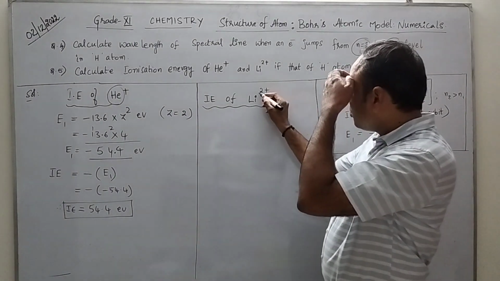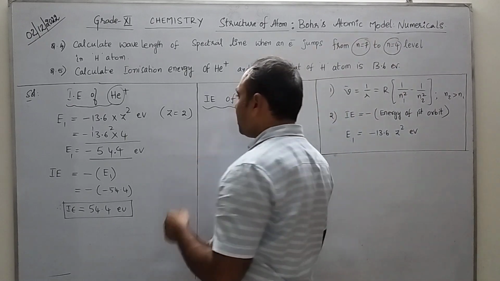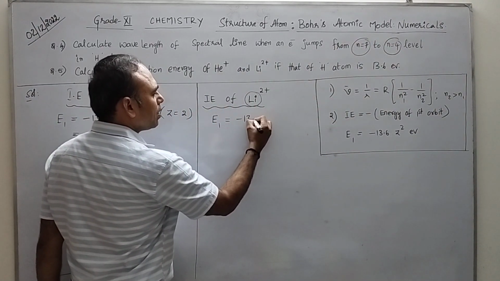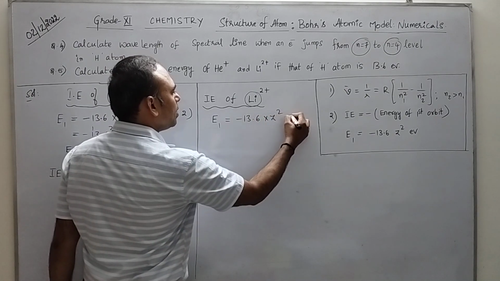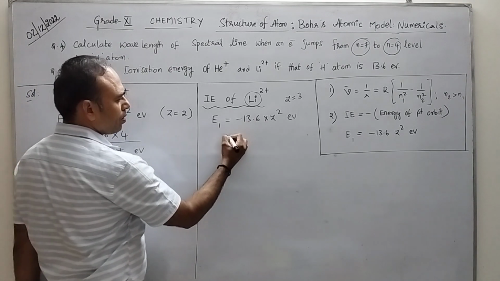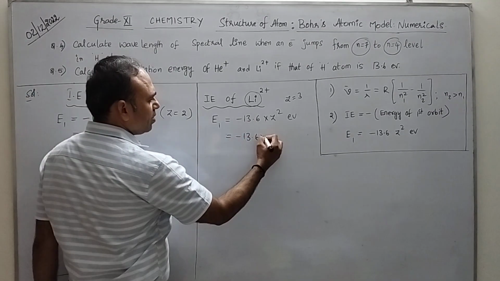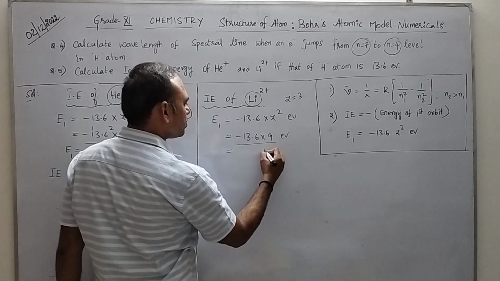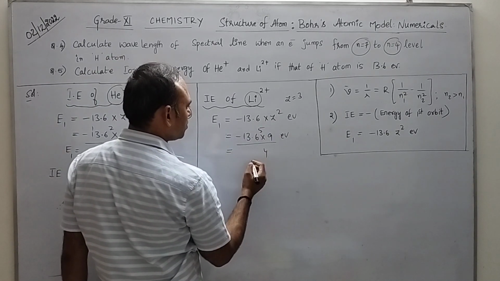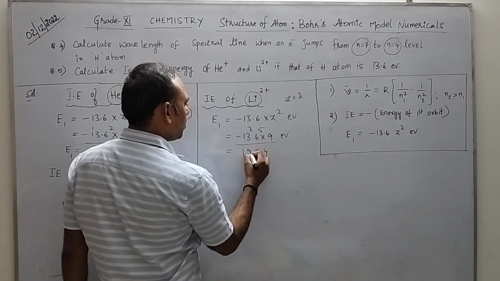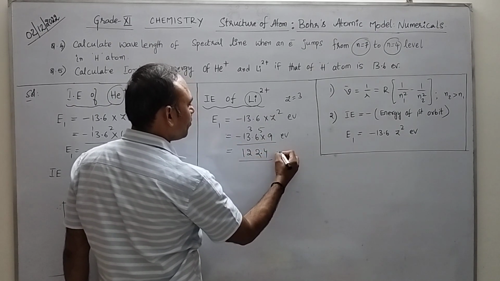Now for Li2 plus they have given. If you are taking energy of first orbit, minus 13.6 into Z square eV, atomic number of lithium is 3, minus 13.6 into 9 electron volt. So it's minus 122.4 eV.